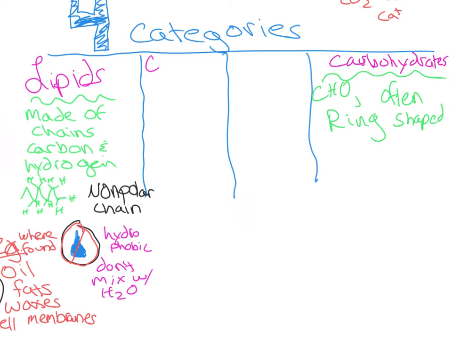So if you see something ring shaped, closed off like that, and you don't know what kind of molecule it is, 9.5 times out of 10, it's going to be a carbohydrate, okay? And once you know what kind of molecule it is, then you can figure out what its job is and how it's going to act in your body. And that's good because you can then identify, like, maybe what you need to eat, what vitamins you need to take, what medicines you need to take to kind of help offset things.